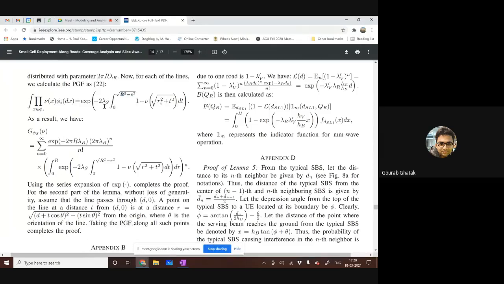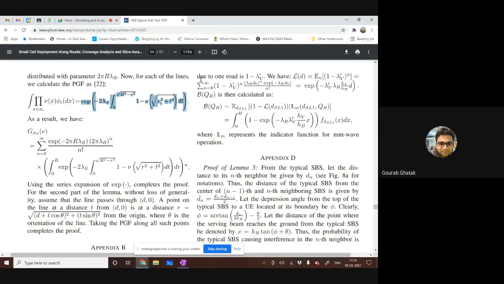So what we have to account for is the probability generating functional of this one-dimensional Poisson point process, where the function is evaluated at square root of ri square plus t square, where t goes from 0 to square root of R square minus ri square. This takes into account the probability generating functional with respect to the points located on one line.